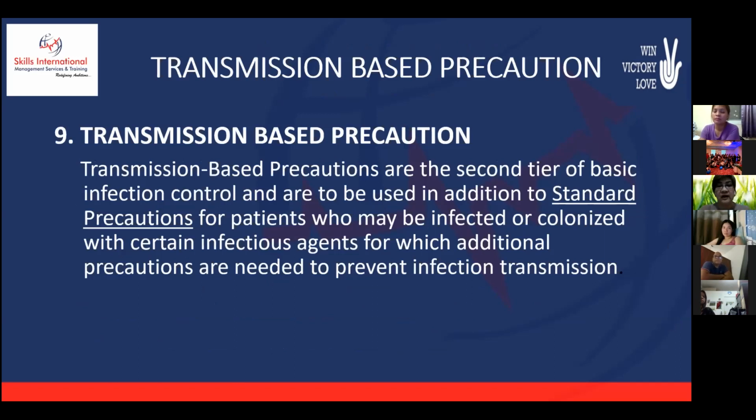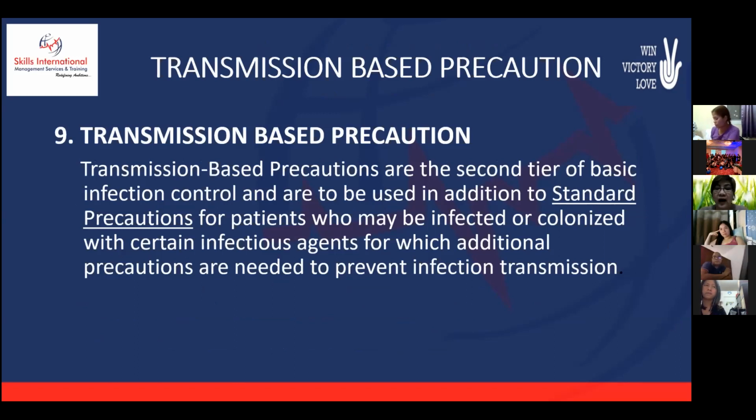Transmission-based precautions. Transmission-based precautions are the second tier of basic infection control. Second level na siya, and are to be used in addition to standard precautions. So the standard precautions, yung ating hand washing and safe sharps handling, ito na yung second level.